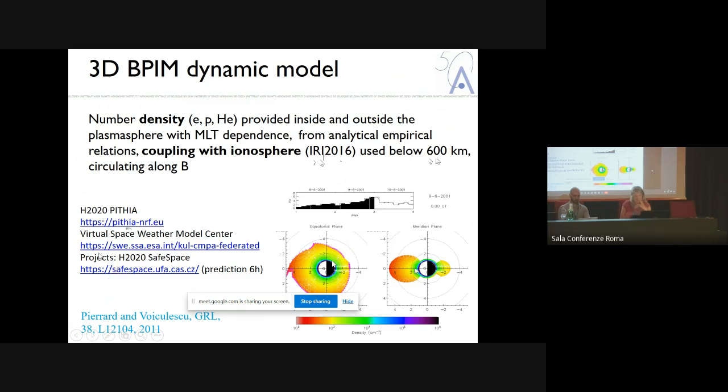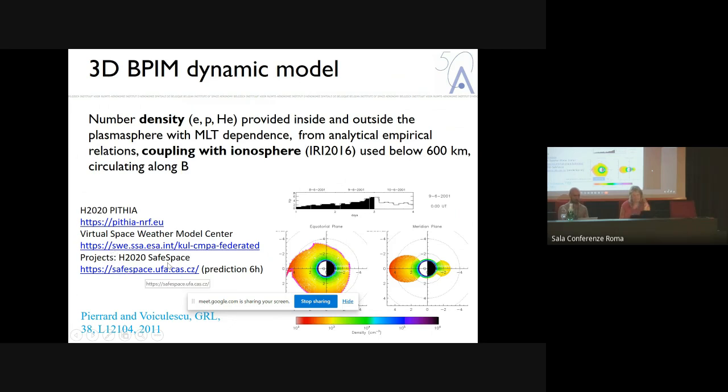And there was also a version on the Safe Space project, because this was used to predict the geomagnetic activity indices, and then also how the Plasmasphere would be. Because that's more forecasting.